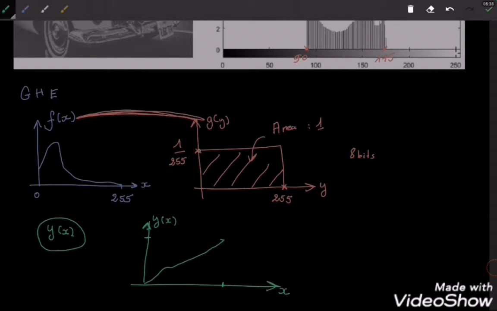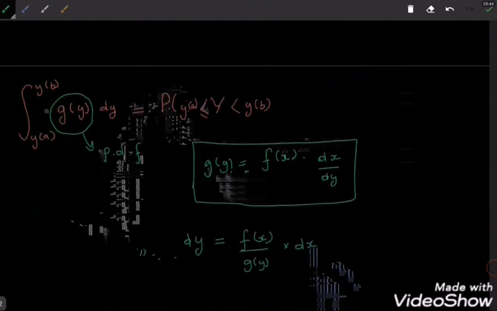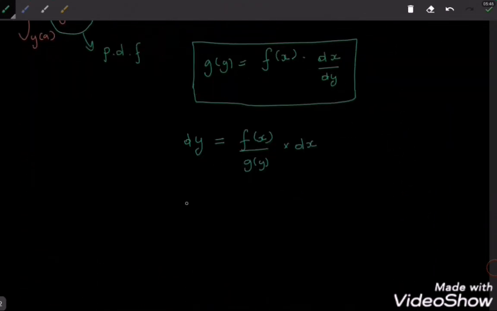So the amplitude of this function is 1 divided by 255, which is a constant value. So y is going to be equal to 255 times the integral of the function f of x d of x from 0 to x.